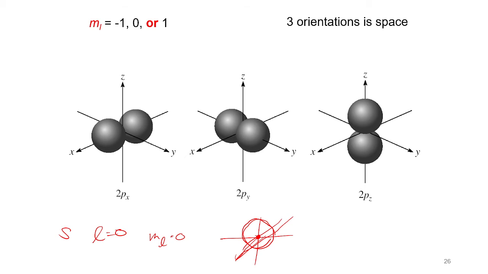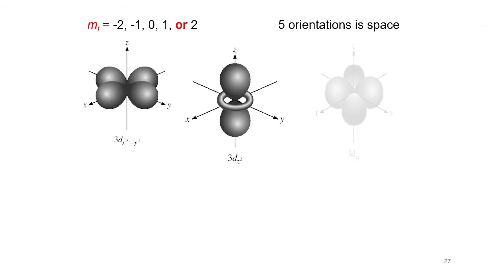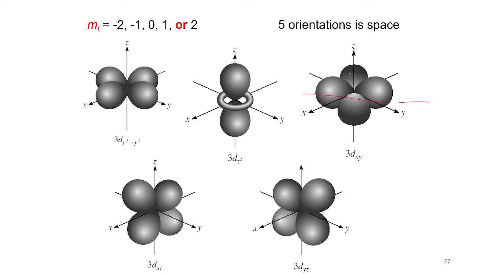So for the d orbital, we have five orientations in space. We have one that is located in x and y, and one that is only located in z for the both orbitals. We have one located in xy, or in the middle of x and y, not along the axis.